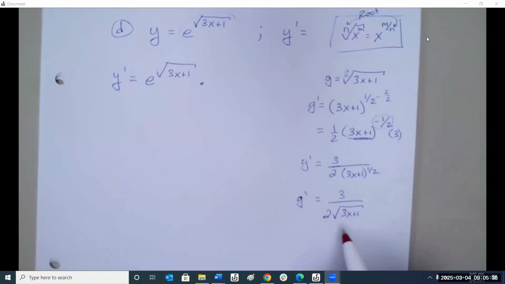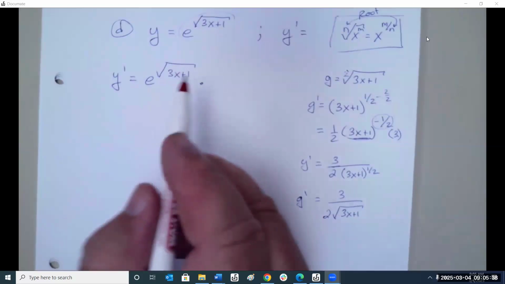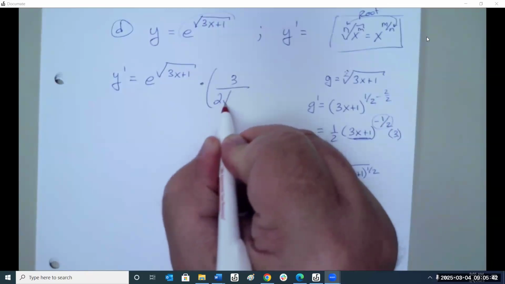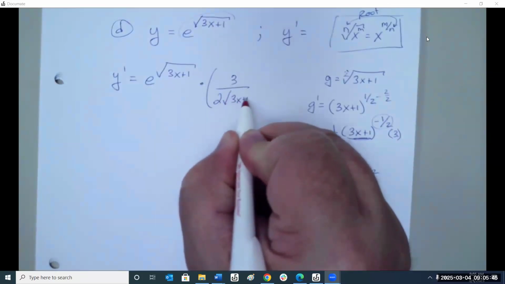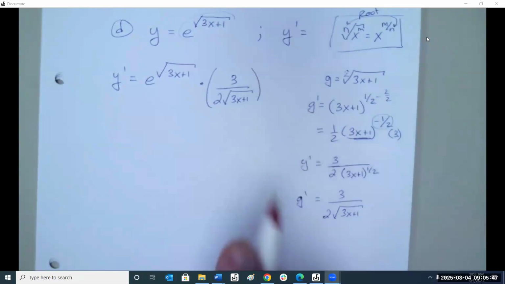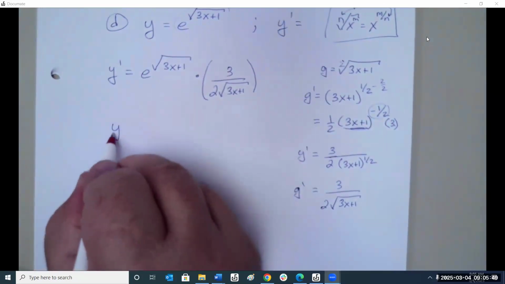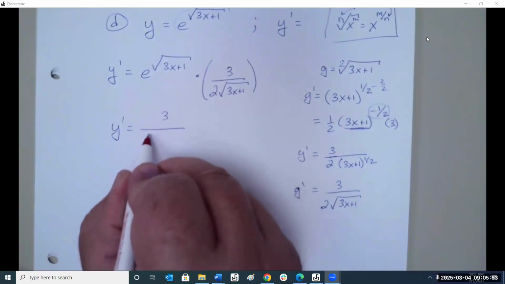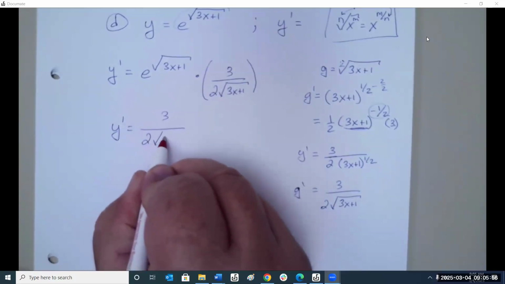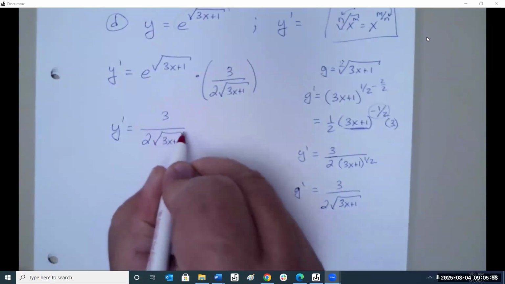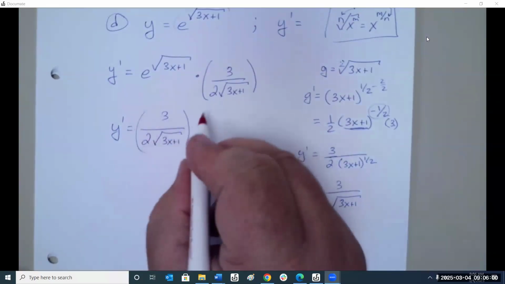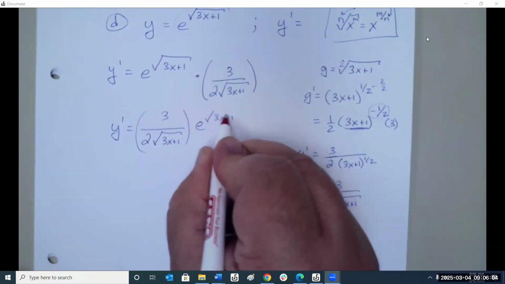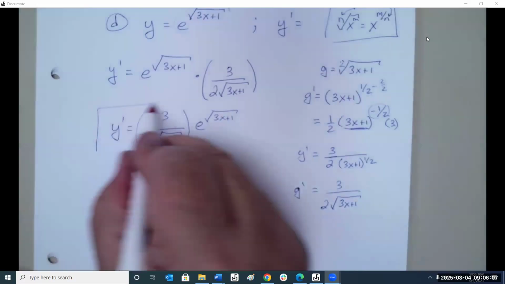So that's the derivative of our exponent. So our final derivative, just rewrite it this way. And there's your answer.